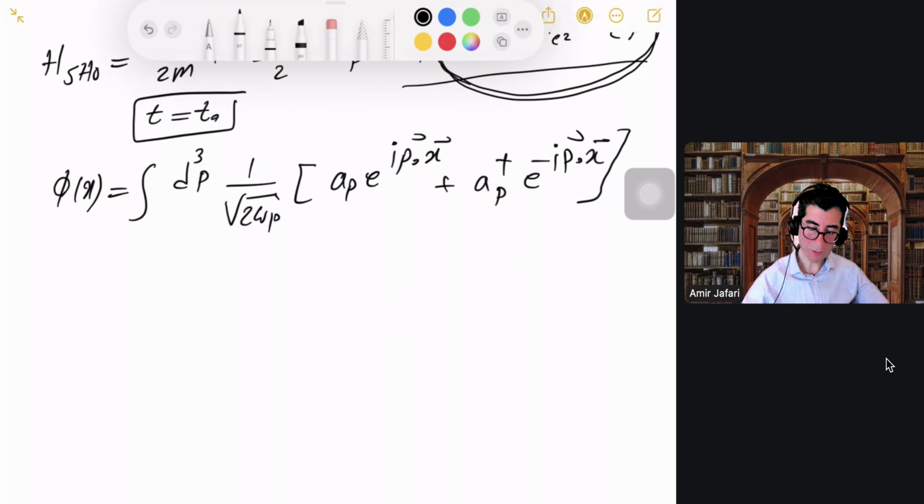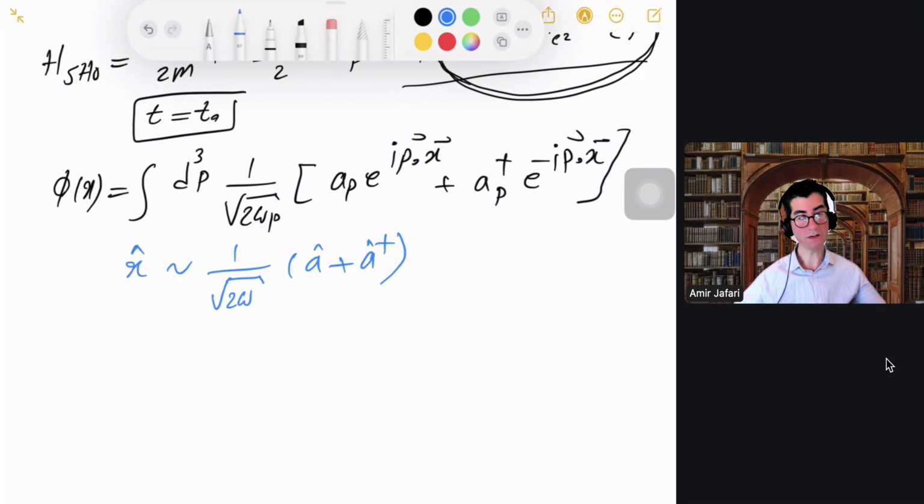So in the simple harmonic oscillator, you have x as an operator, 1 over root 2 omega times (a plus a dagger), in terms of these operators. Here we promote phi to an operator. We found the Hamiltonian, the Lagrangian, and the conjugate momentum.